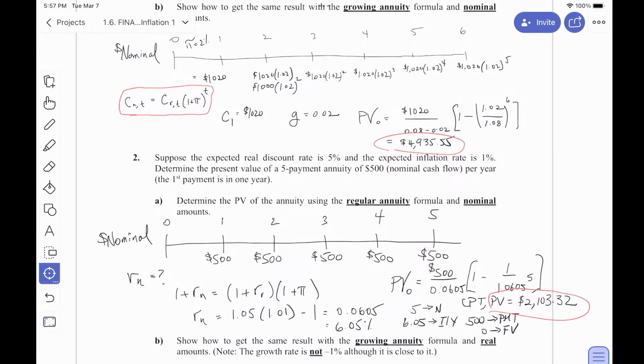So in the top, in the first problem, the G was the inflation. Because that was the pattern, you see?